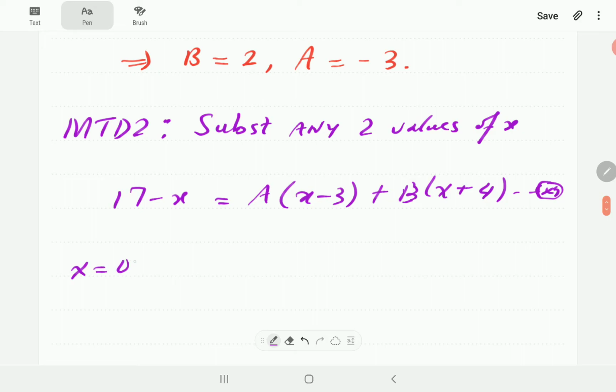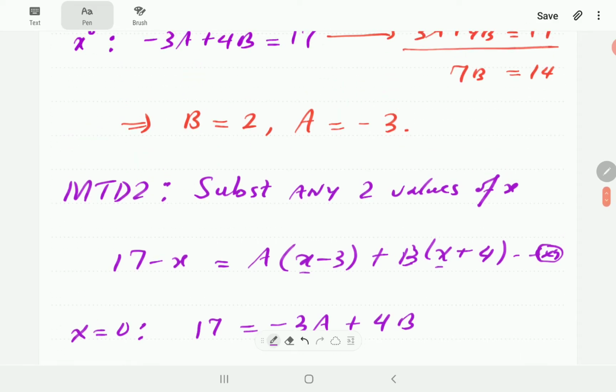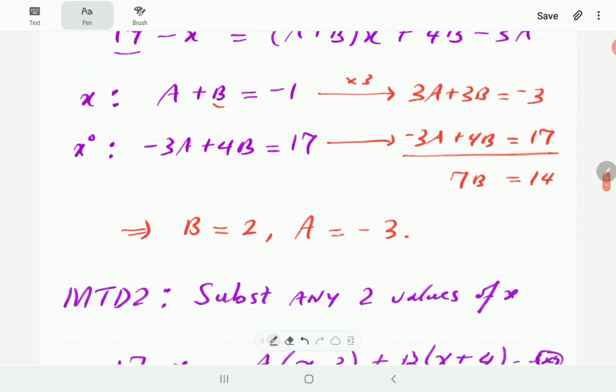So let's try x equals to 0 first. If x equals to 0, the left hand side is going to be 17. The right hand side is going to be minus 3a plus 4b, because there's going to be 0 there and 0 there. And notice this is exactly the same as the second equation that we had in that first method.